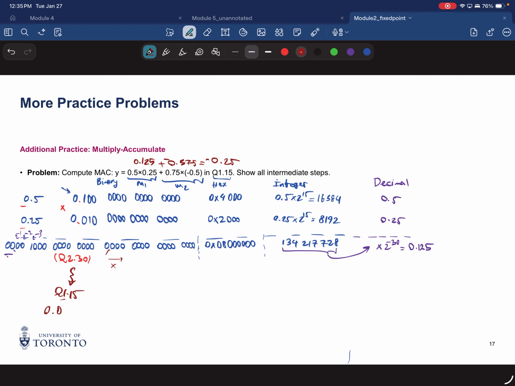So 0, 0, 1, 0, 0, 0, 0, 0, 0, 0, and then 0. This is what is left. If I wanted to convert that Q2.30 to Q1.15, then I would get to this number, which is 0x1000. Yeah, that's it. And again, if you read that in decimal, it's going to be 0.25 in decimal.